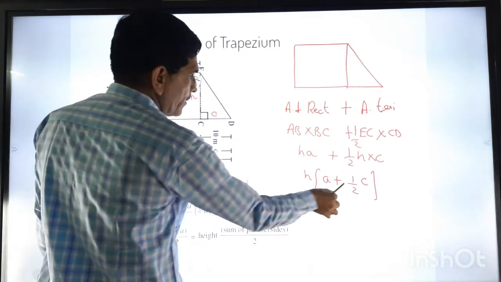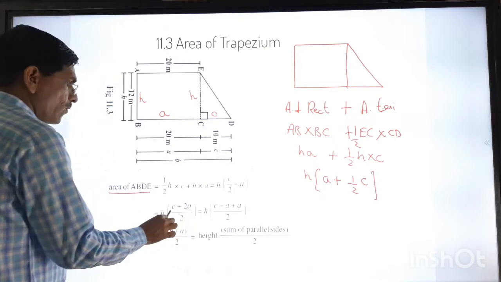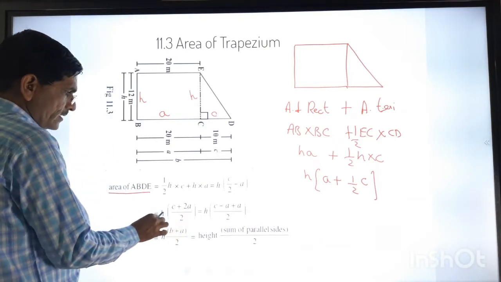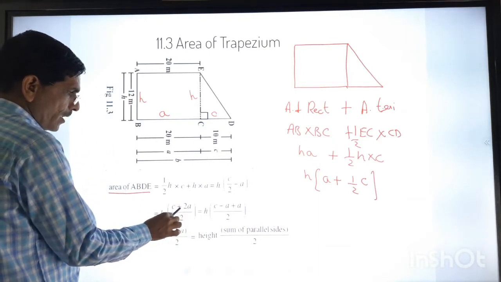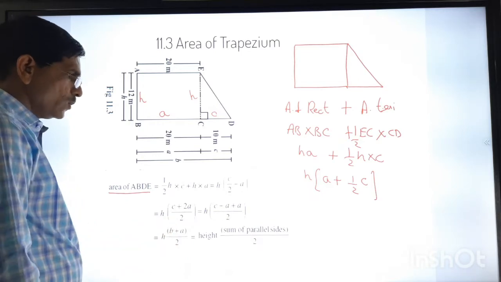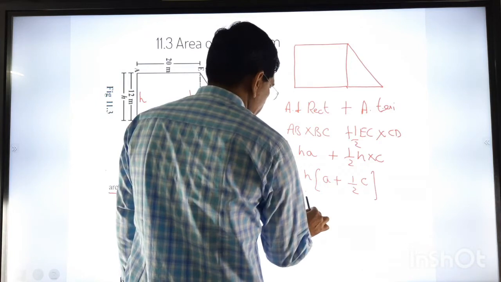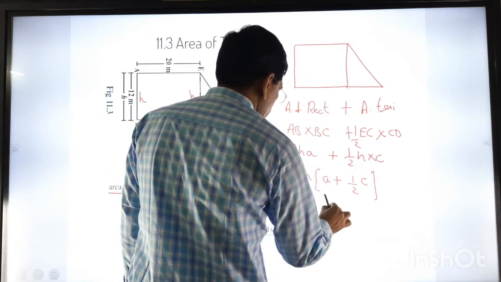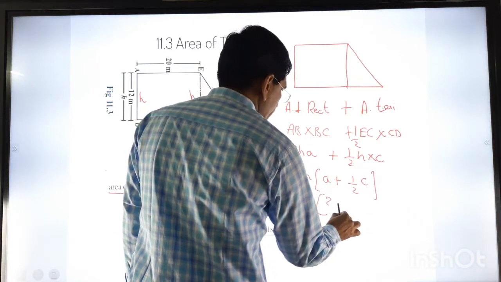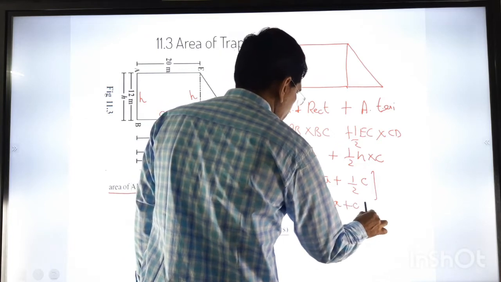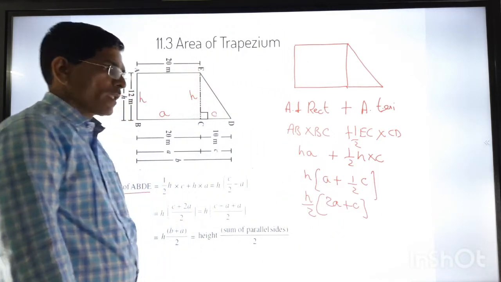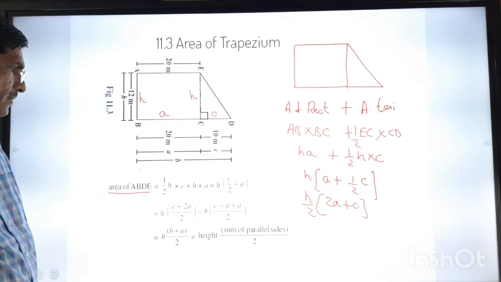Then c by 2 plus a. Now again a, here h, c plus 2a by 2. Why do we have to write like that? If I want to simplify this, then h by 2, a into 2 is 2a plus c. h by 2, 2a plus c.